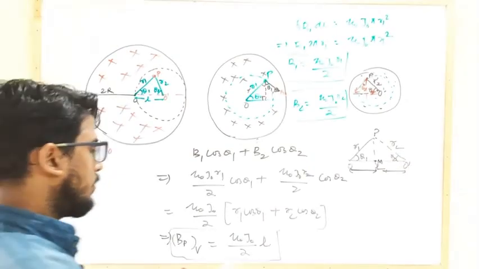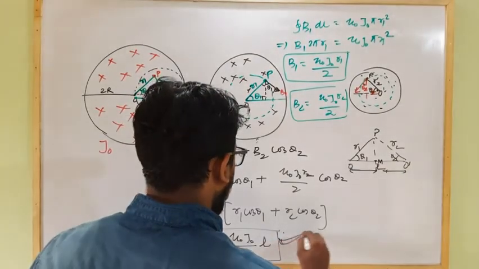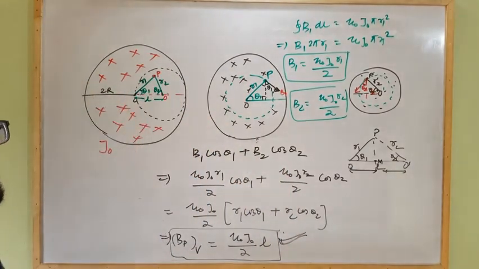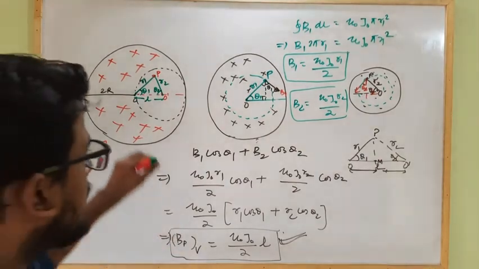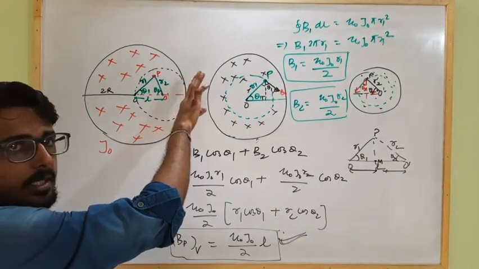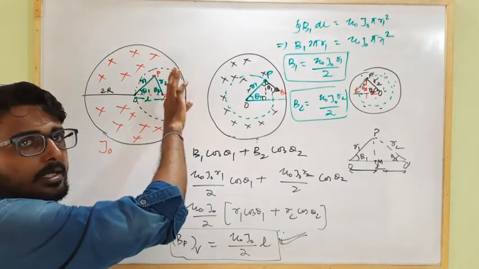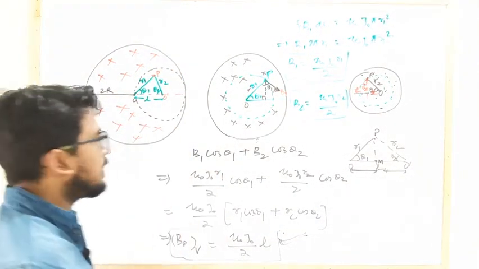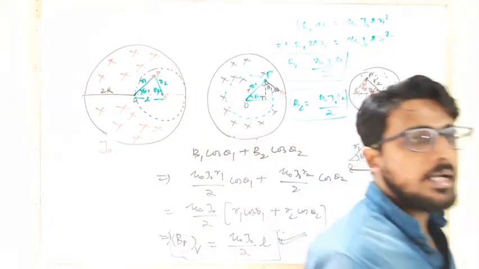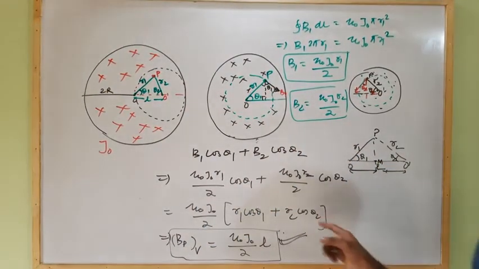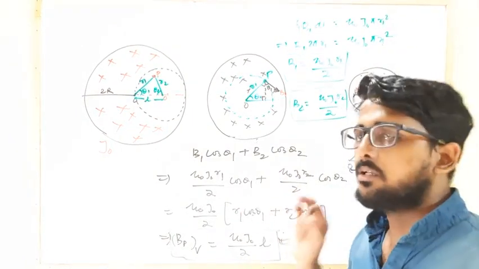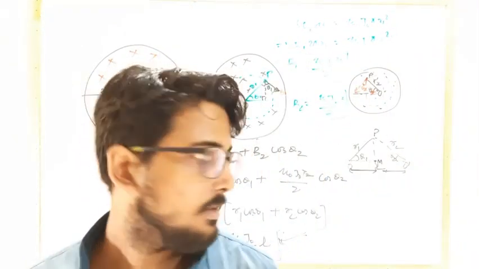If you want, you can remember this: within the current carrying conductor, if there is a cavity at one end, then the net magnetic field strength inside the cavity is uniform. Clear? Okay.